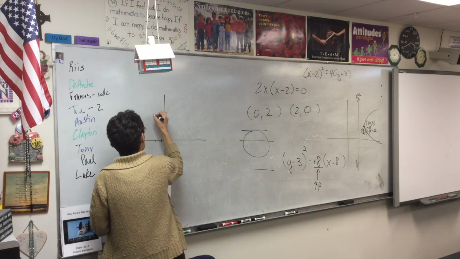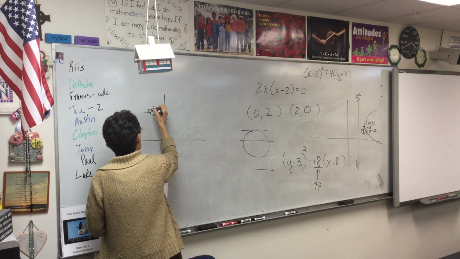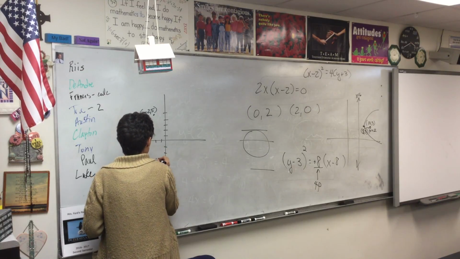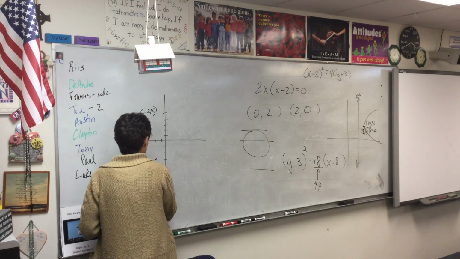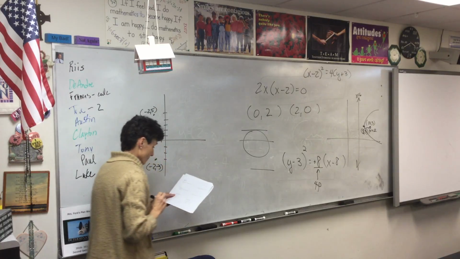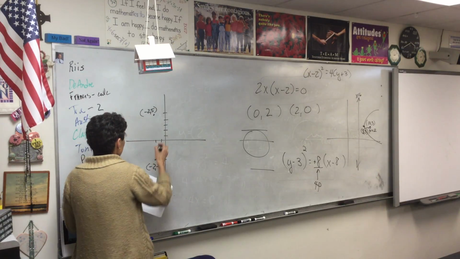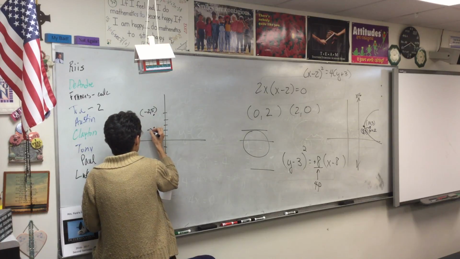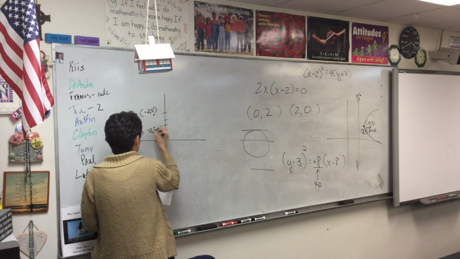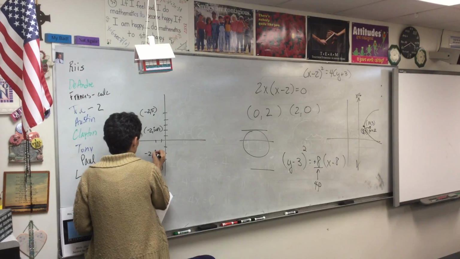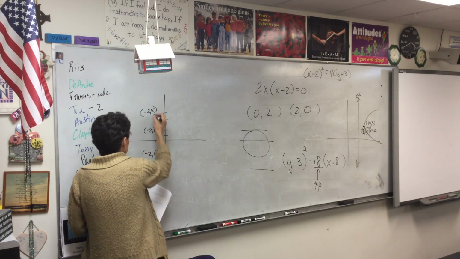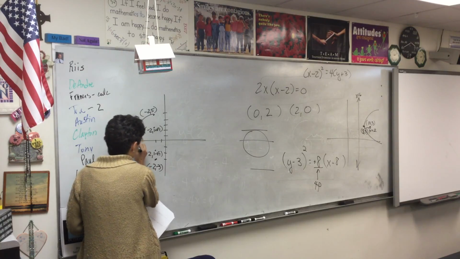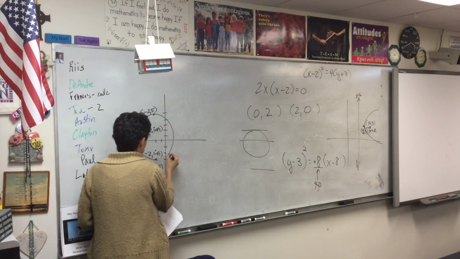Now, I've got an ellipse with vertices at (-2, 5) and (-2, -3), and foci at (-2, 1 plus √7) and (-2, 1 minus √7). So my ellipse looks like this.